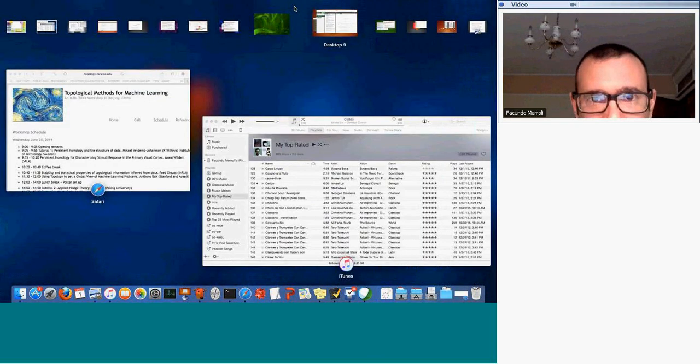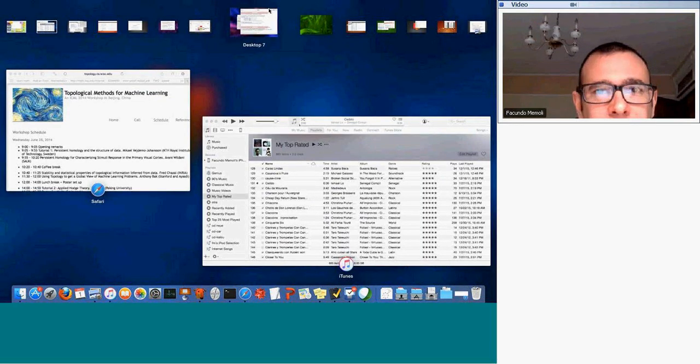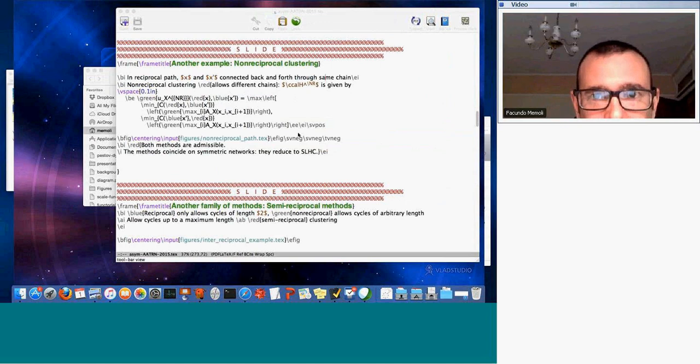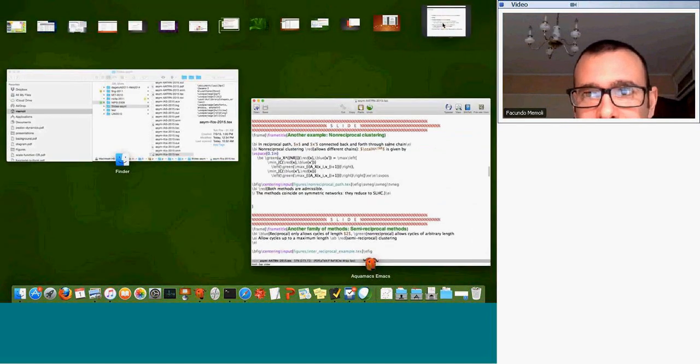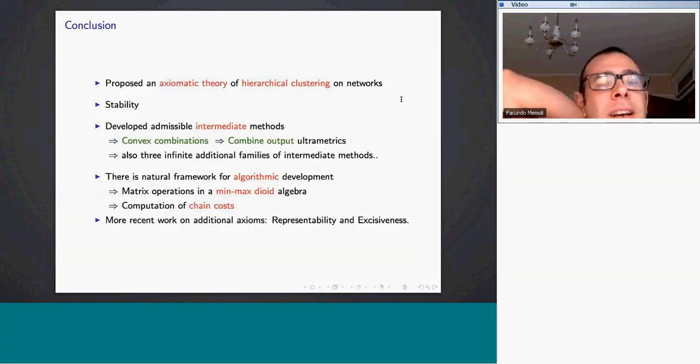There's some, where is the screen? There's an answer in the form of a diode, max diode, and many that people have been for symmetric adapted to this symmetric setting.